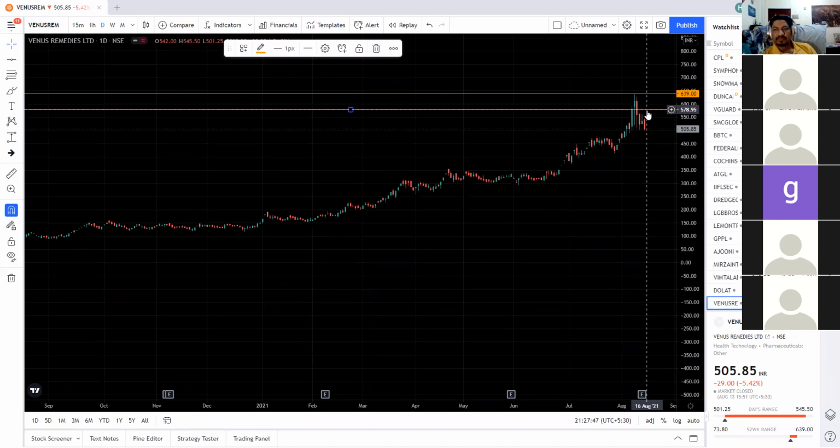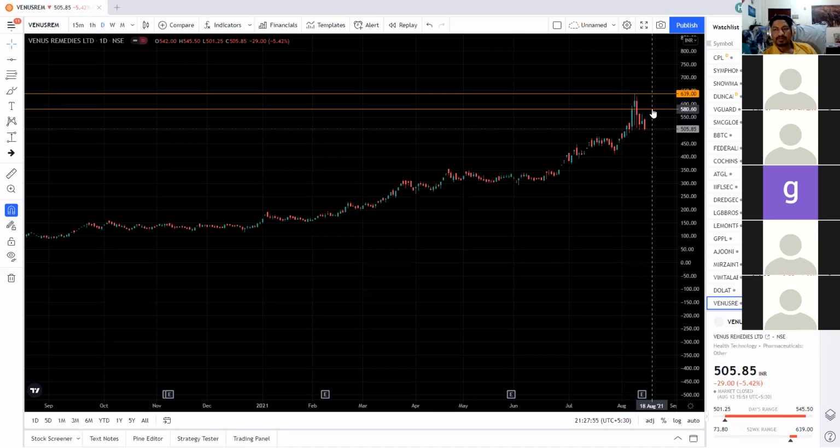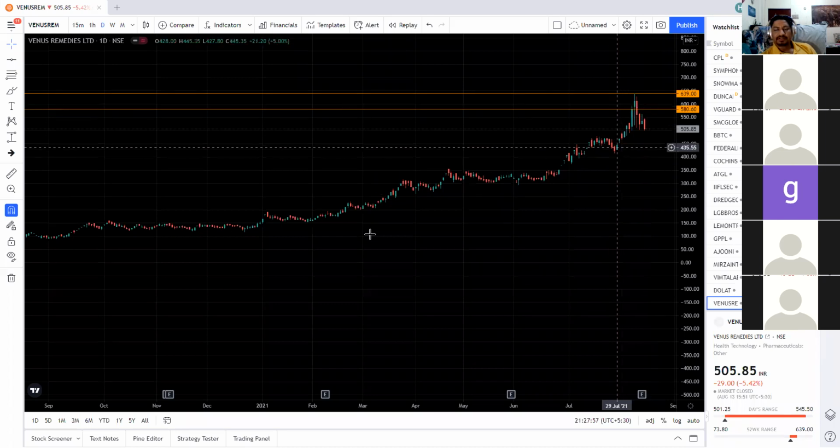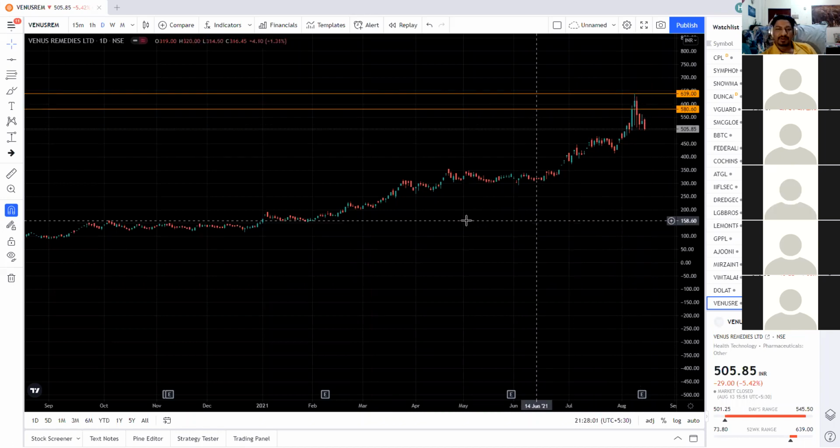We required 60 rupees of change. Now 10% is only this much value.